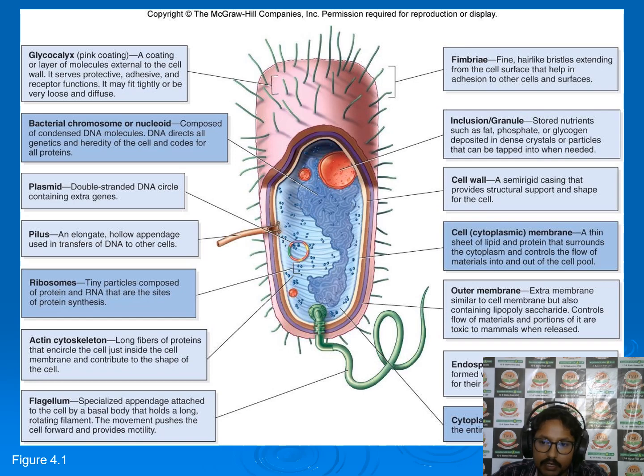And the outer membrane, we'll see in the further slides. And endospores are resting structures formed by some bacteria when unfavorable conditions arise. Bacteria form endospores within themselves, which can survive under extreme conditions, and during favorable conditions they start germinating again.